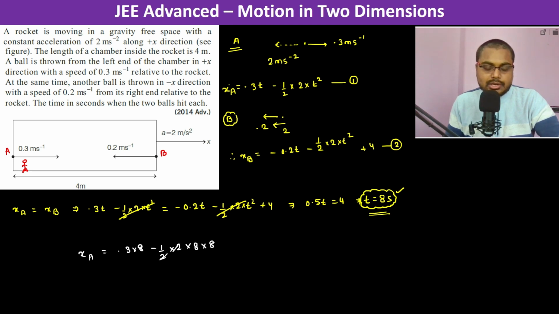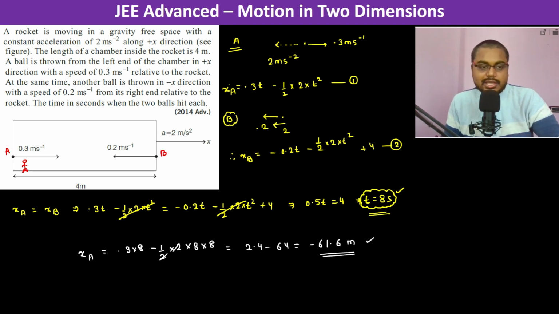So therefore it becomes 2.4 minus 64, so this is minus 61.6 meters. Now there is no way that A can go to minus 61.6 meters. So therefore this 8 seconds is actually a little vague.